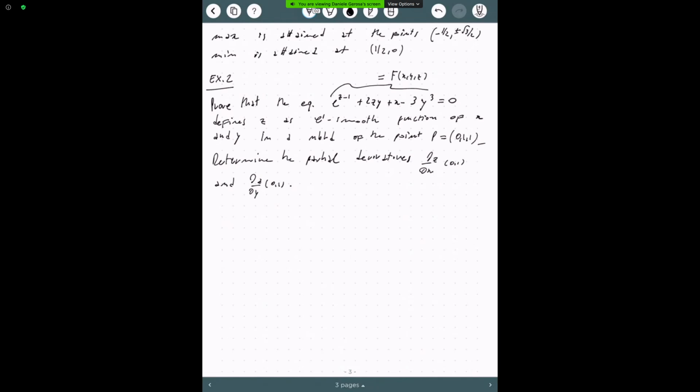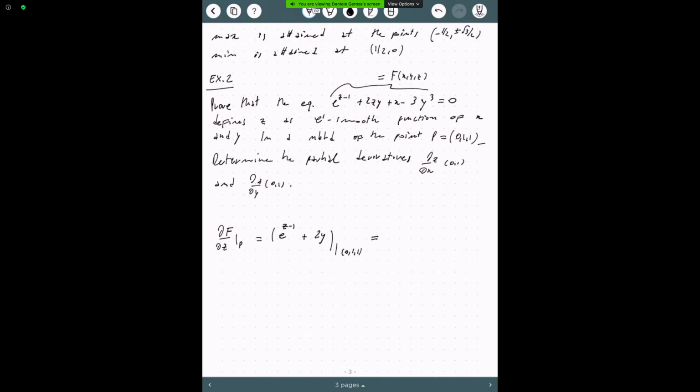So first of all, let's compute the partial derivative with respect to z of f at the point P. This is equal to e to the z minus 1, and then you have plus 2y, and the rest is, and then this has to be calculated at (0, 1, 1).